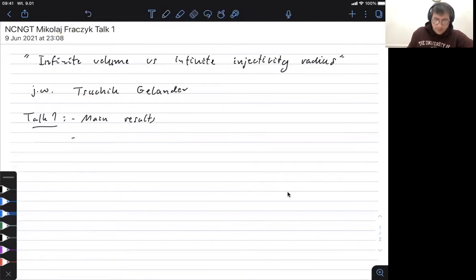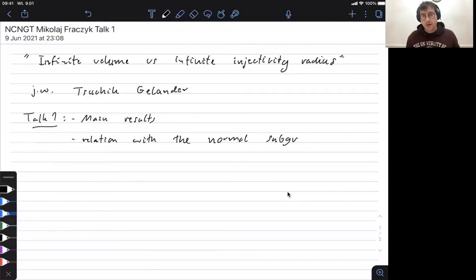I'll talk about the main results and maybe some ideas in relation with the normal subgroup theorem. Depending on how it goes, in the second talk, I'll describe some arguments that enter the proof, in particular, the heavy usage of stationary random subgroups.